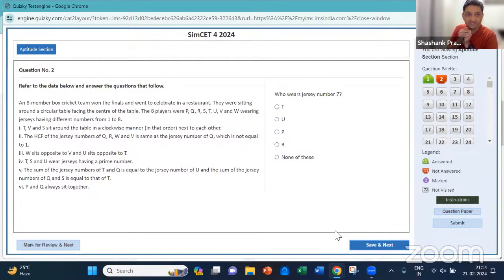If S is 5, let's see, then T becomes 7. And if T is 5, then U becomes 7. So one of T or U should be 7.